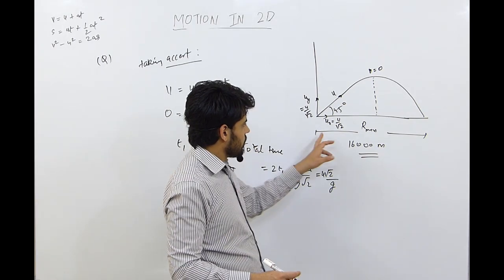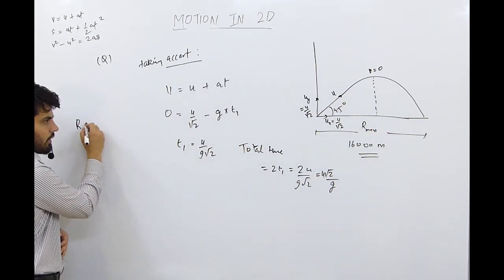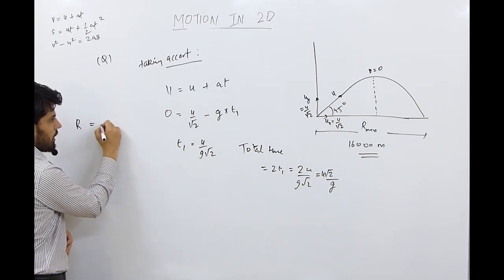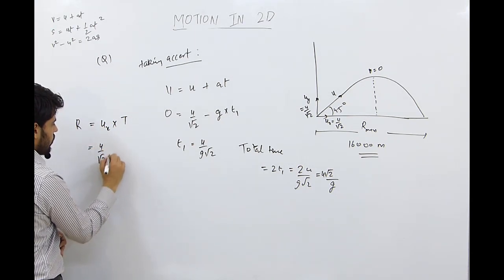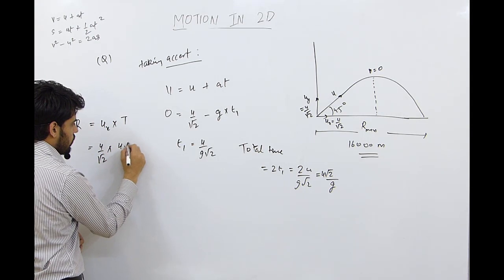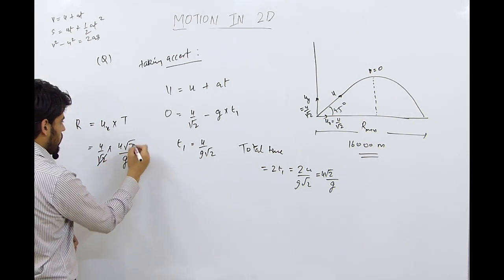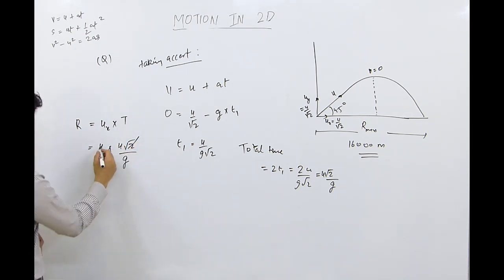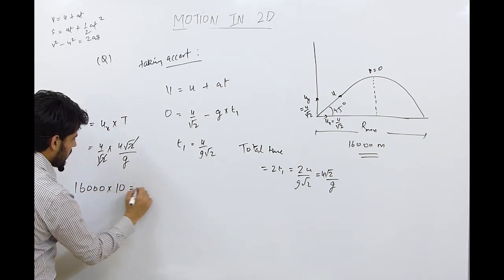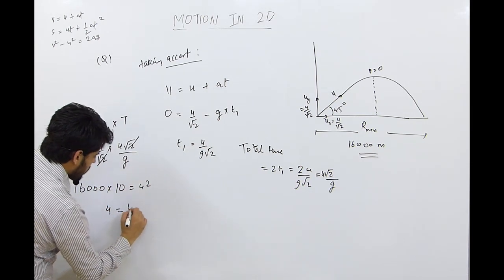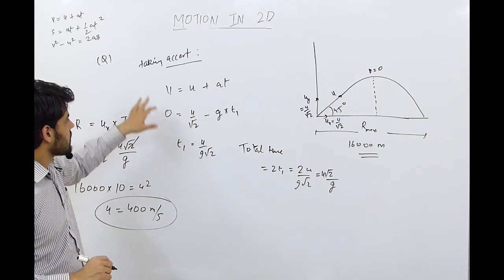Now you must be knowing that this is a horizontal distance, so we use the normal speed-time formula. So range is equal to speed, that is ux, into total time. So ux is u by root 2 into u root 2 by g. Fine. So root 2 and root 2 cancel, so we have R as 16,000 into g, which we took as 10, is equal to u square. Again u comes out to be 400 meters per second. This is just as in the previous case.